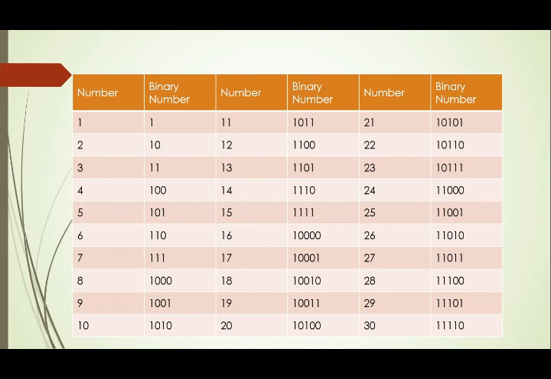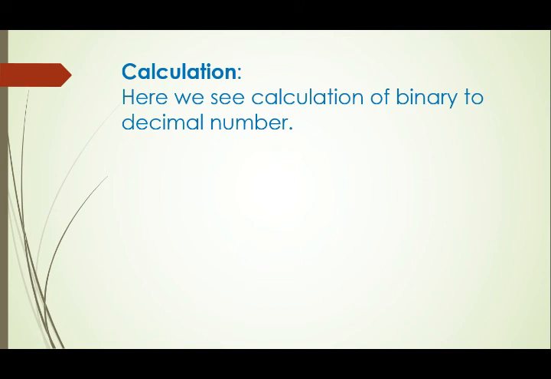Now here is how calculations are done from binary to decimal number systems. Let's see the example. Here the decimal number 7 is given and the binary number of 7 is equal to 111. So how will it be calculated?